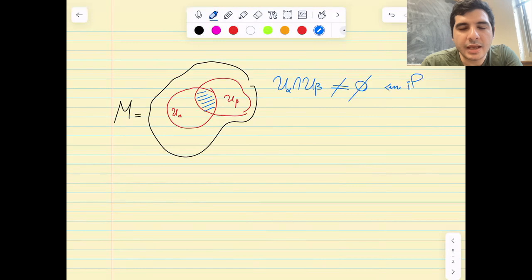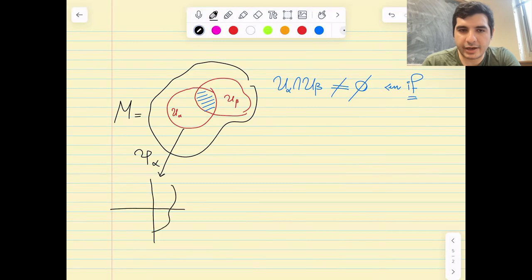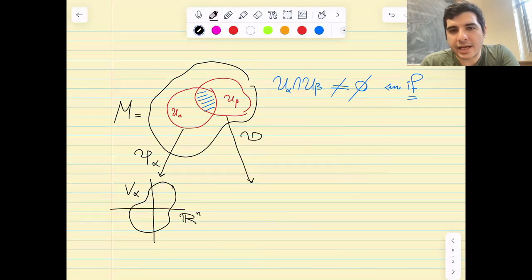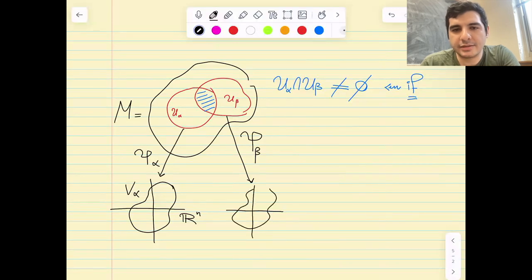Now, for U alpha, just by definition, there should be a map phi alpha to some open subset in Rn, let's say to some V alpha inside Rn. And for U beta, we should have another map phi beta to some other open subset of Rn, let's denote that V beta inside Rn.